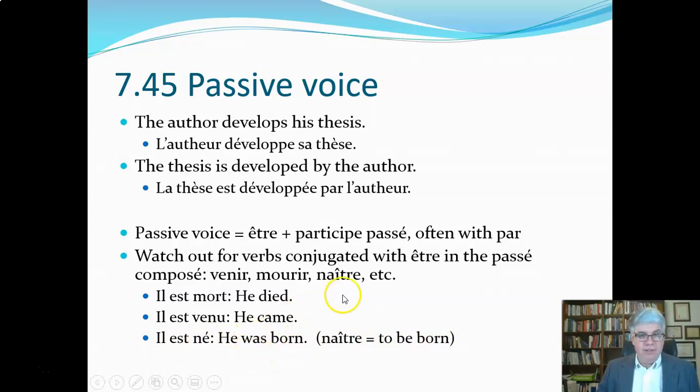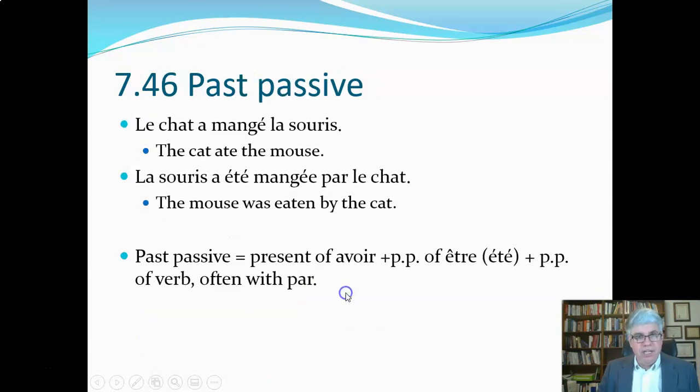All right. So let's move on here and talk about another form of the passive voice, the past passive. So we can have a sentence, le chat a mangé la souris. The cat, then we've got a mangé, so that's the passé composé, has eaten or ate the mouse.